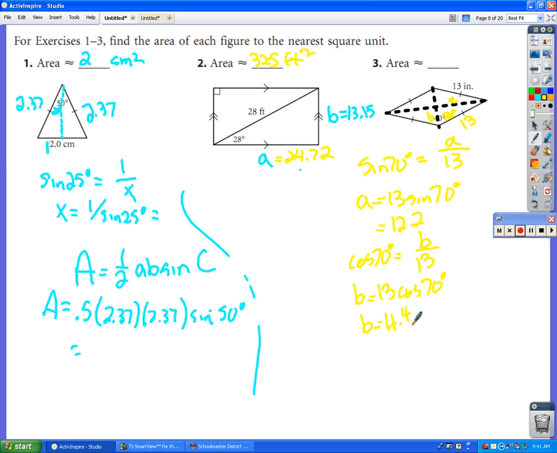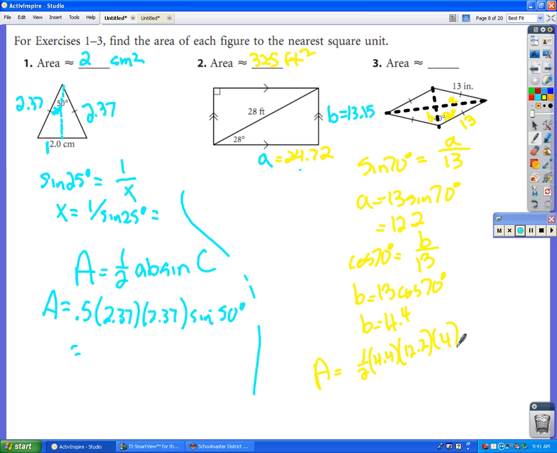All right, so I know that this thing right here is 12.2. I know that this thing right here is 4.4. And since it's a rhombus, those diagonals are perpendicular to each other. So I can find the area of that triangle by going 1/2 base 4.4 times height 12.2. And then how many triangles do I have? 4 of them.